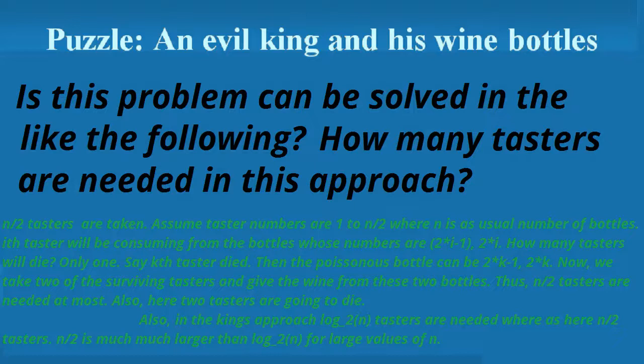For large values of n, n by 2 is much larger than log 2n. That way his approach is better. Whereas this procedure is a two-step process. This is also one approach. Here the drawback is that the number of testers we require will be more.